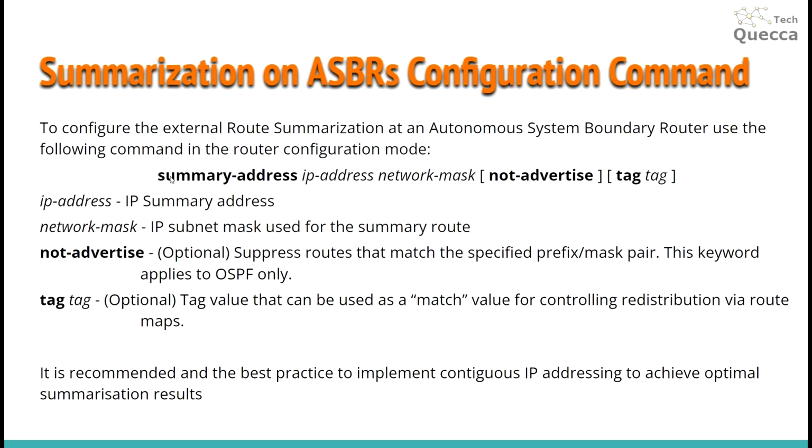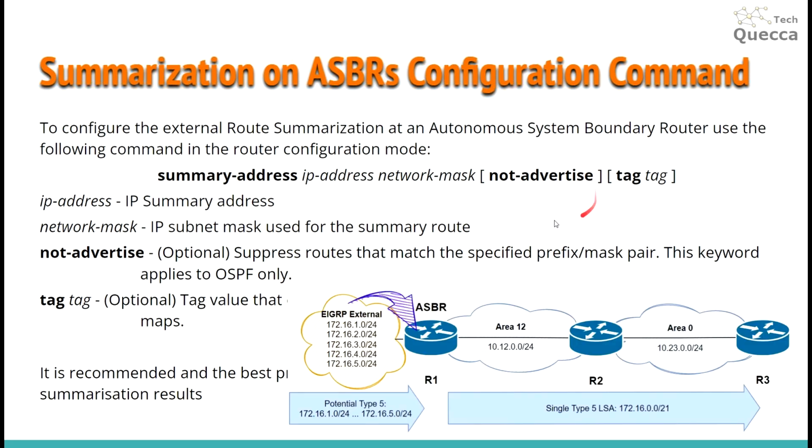This command is summary-address, IP address, network mask, and we have two options: not-advertise or tag. As we go back to our example, IP address is the IP address of our summary address, which we're gonna use, and network mask is the network mask for this summary address.